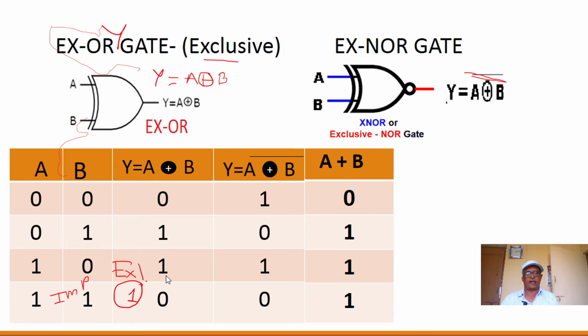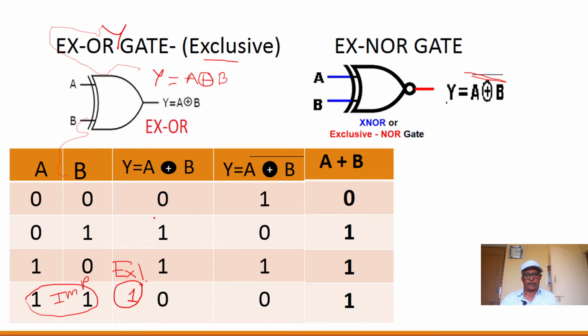So this is called the exclusive OR gate. This last step is the point where there is a difference between the OR gate and the exclusive OR gate. The remaining things are the same for exclusive OR and OR gate, but in exclusive OR this last case is excluded, meaning the output is 0. So this is called the XOR gate.